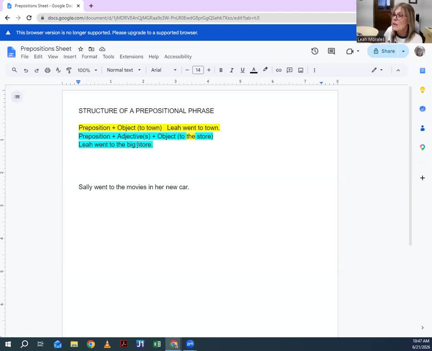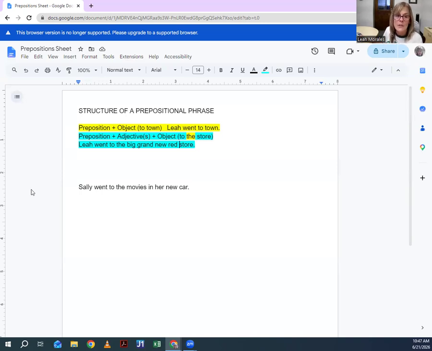I could go on and on to the big, grand, new, red store. That's a strange sentence, but you're not done with your prepositional phrase until you get all the way to the object, no matter how many modifiers come in the middle, okay? The noun or pronoun that answers the question is officially your object at the end of your prepositional phrase.